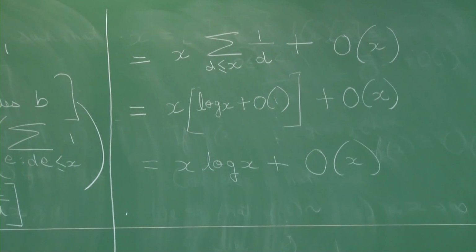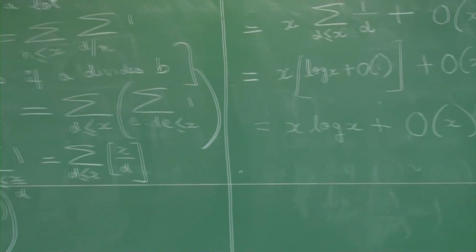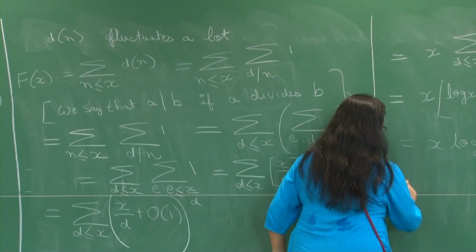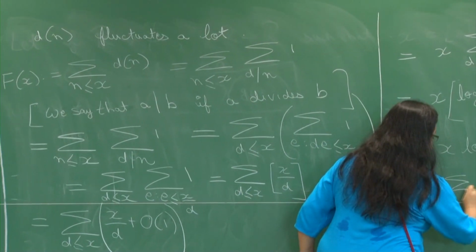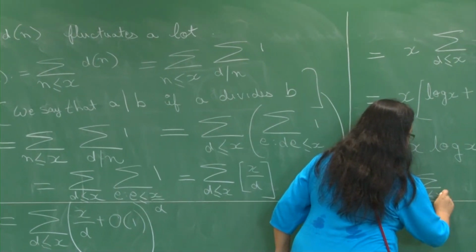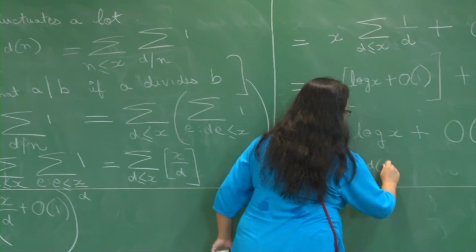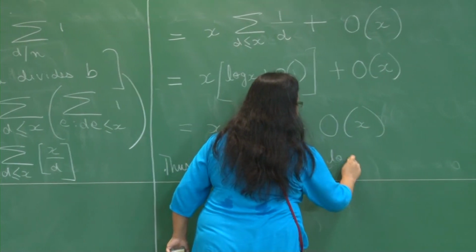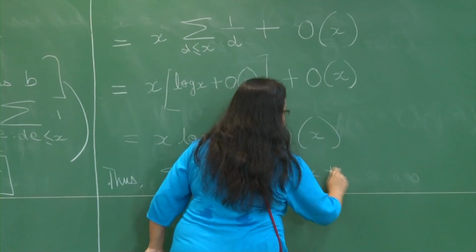So far, what have you studied? What this tells you eventually is that thus summation of d of n is x log x plus O of x.